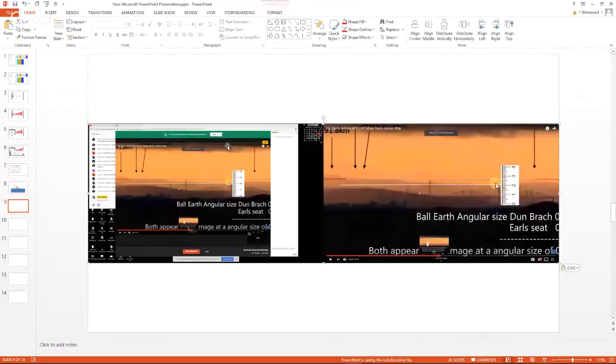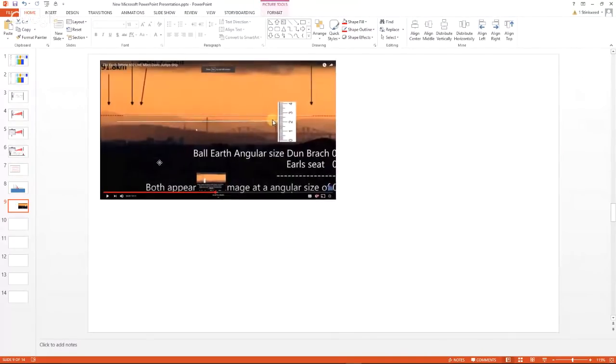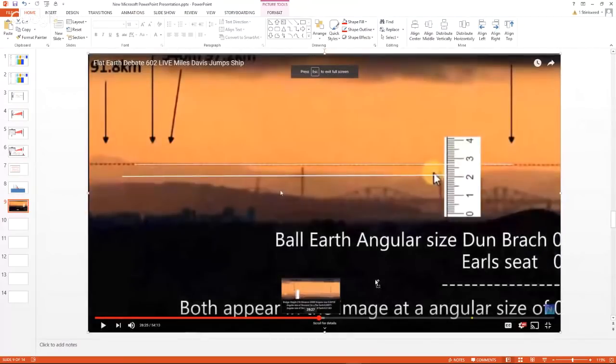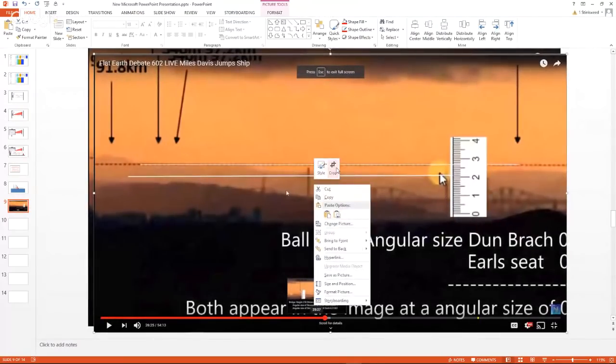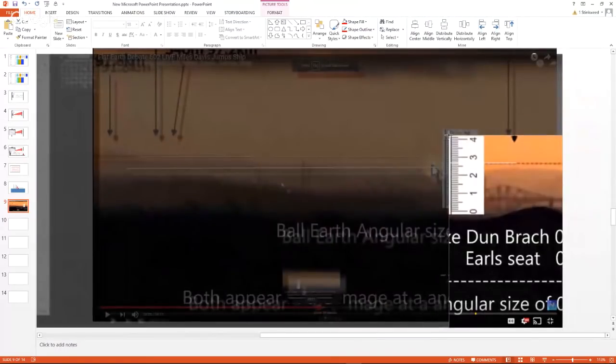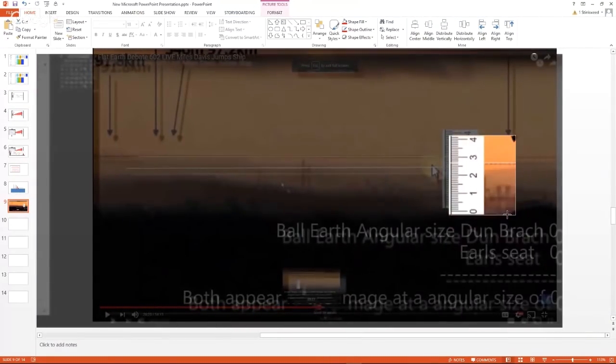I don't know why I didn't set that up, but crop to here. And then duplicate that. Crop to, come on, there we go.